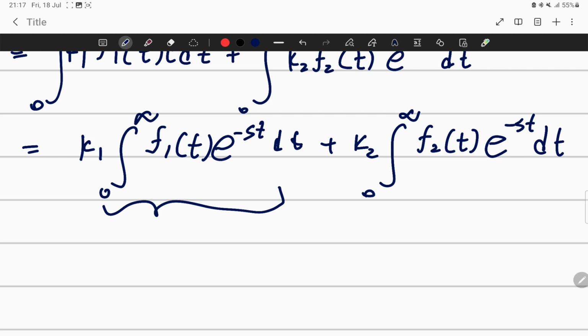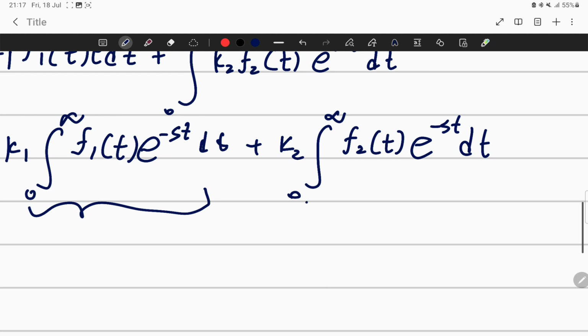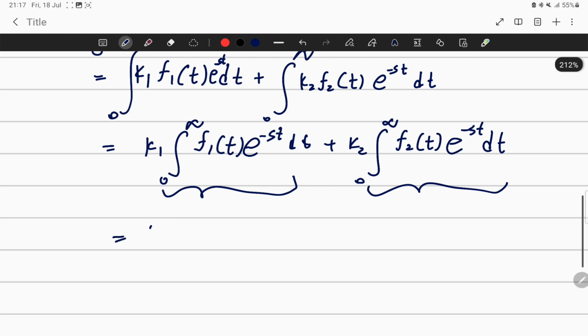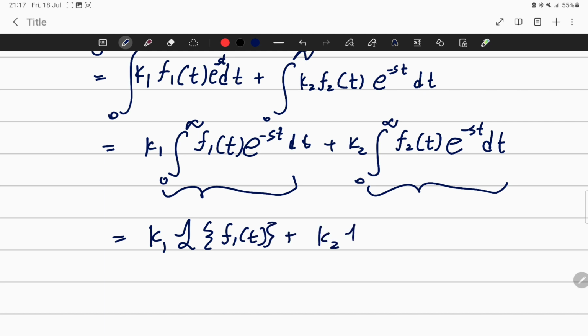This is basically the Laplace transformation of f1. This is basically the Laplace transformation of f2. Then I can write this as k1 Laplace transformation of f1(t) plus k2 times Laplace transformation of f2(t).